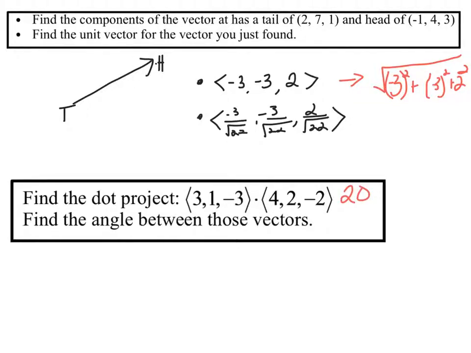And to find the angle between those vectors, if you recall, the angle is equal to the inverse cosine of the dot product divided by the magnitudes. Okay, so let's just add these up in our head. 3 squared is 9, plus 1 squared, so 9 plus 1 is 10, plus 3 squared more, so square root of 19.